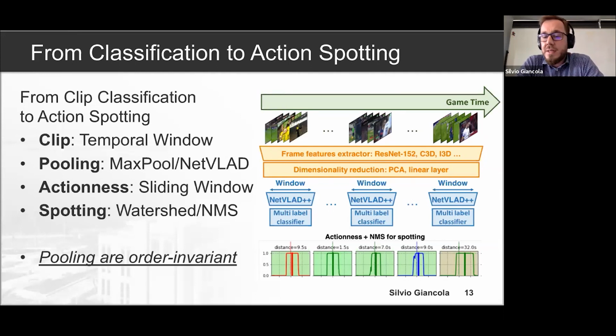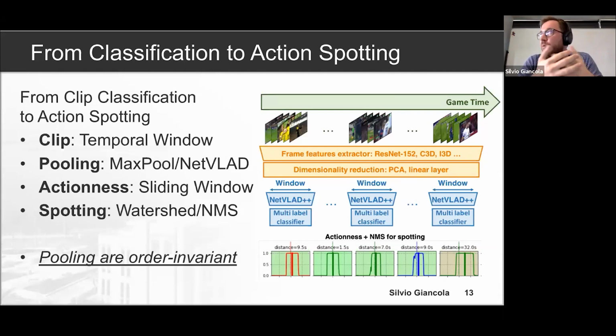Now, one of the things that I want to raise here, which will be the motivation for temporally aware pooling, is that max pooling, and it will be the same thing for NetVLAD, these pooling approaches are order invariant. This is a very important thing to say, because if I take my window and I shuffle all the frames, I would get the exact same input.